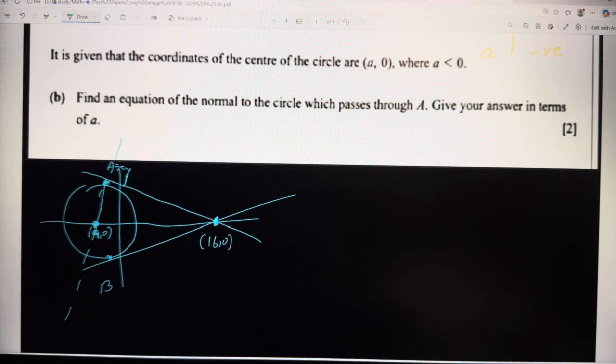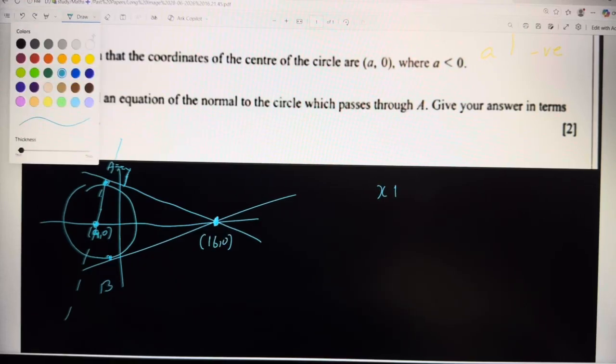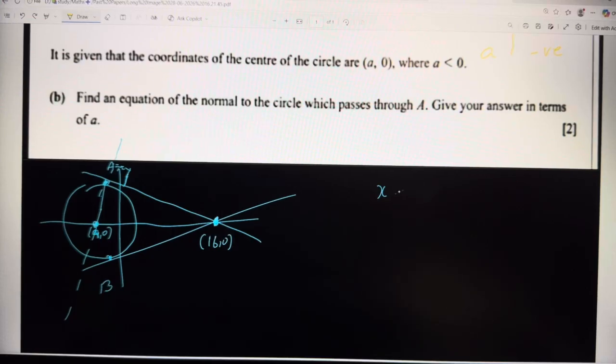Okay, so first of all, the equation at A was x plus 3y is equal to 16.